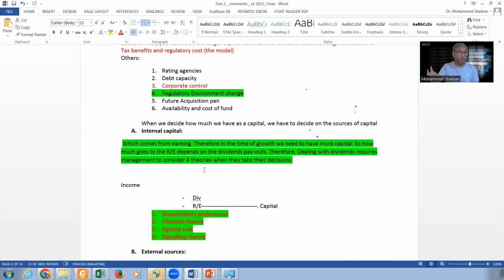So if we are growing and we want more capital because we need to give more loans, we have to keep the proportion of capital to assets. The way we have more capital, we can give more assets.